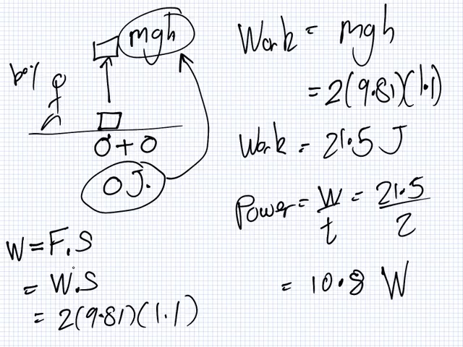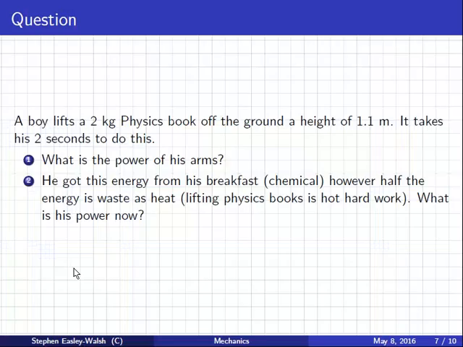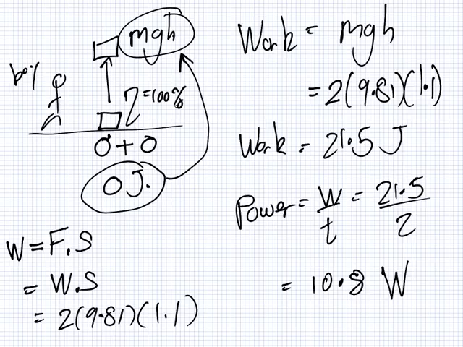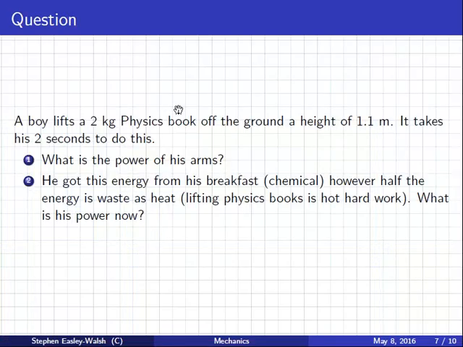In the first part, we assume he is 100% efficient, that no energy is wasted. So I want you now to make it more realistic. Half the energy is wasted as heat. Now, what is his power? That's what I want you to do.